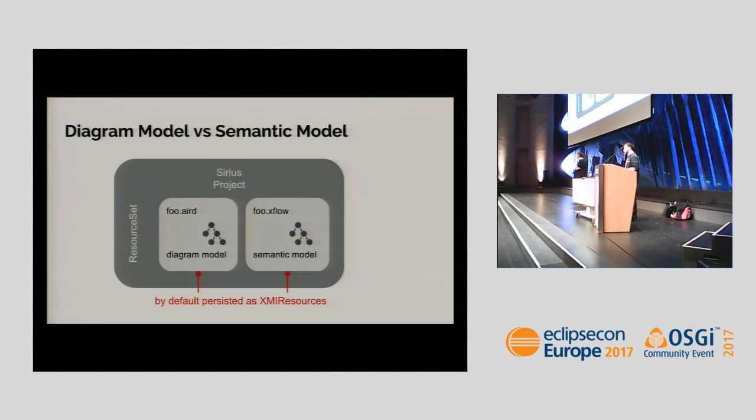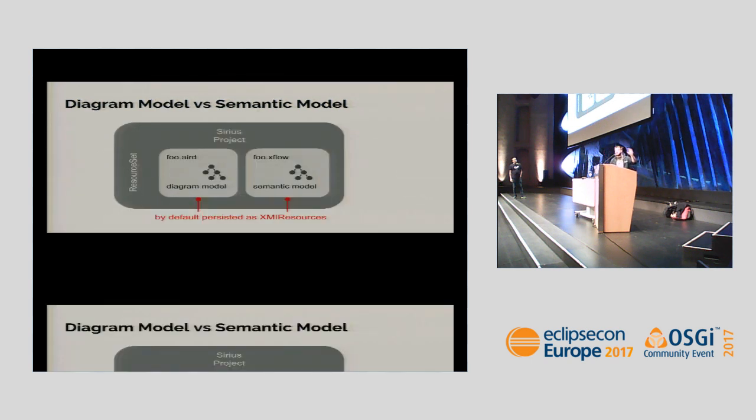So when you look at the kind of model Sirius is managing as a runtime technology, you have both what we call the semantic model, which is actually in this case the model from Xtext, which is your domain instances, and the diagram model. The diagram model is a .aird file, and it contains all the graphical information, like this shape element is placed at this area with these colors and so on.